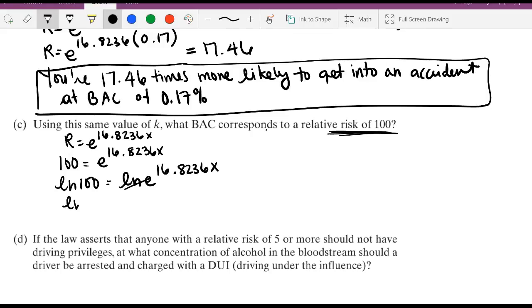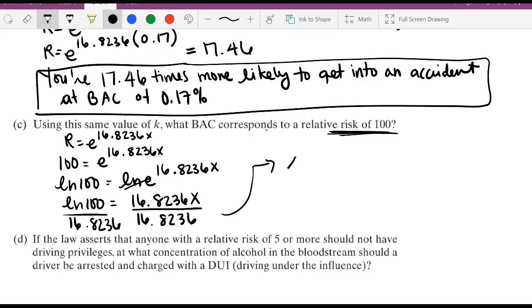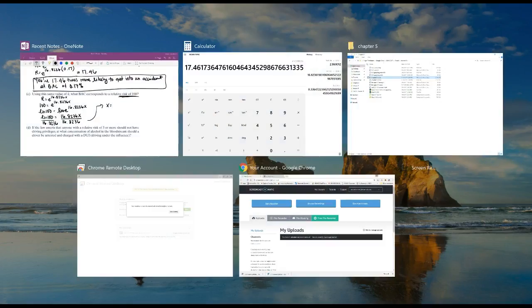So now you have natural log of 100 equals 16.8236x. Divide both sides by 16.8236. Okay, let's see what x is going to come out to be. Let me use my calculator one more time. I'm still learning how to use this.